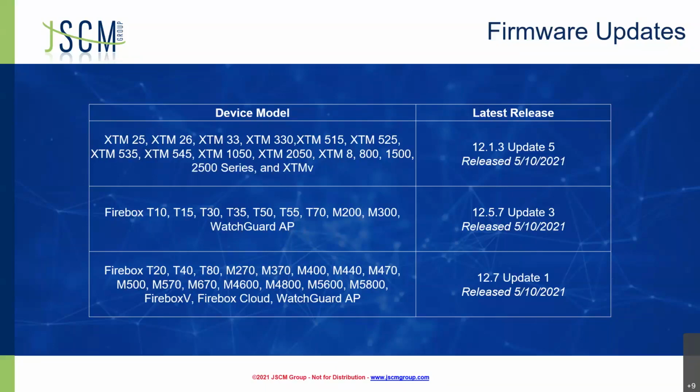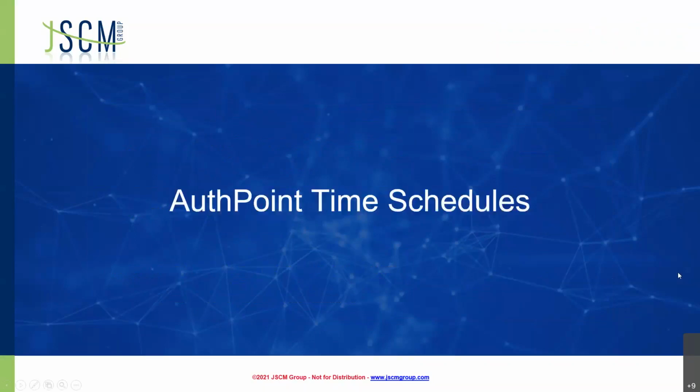I would feel comfortable recommending, regardless of the model that you're on, these latest firmwares are all updated releases with bug fixes. So moving to any of those, you should be good. And again, with that 12.7, there are some new functions there. If you have not read up on the 12.7, I would recommend you check the release notes, see what's there. But you can also reach out to us if you have any questions about what that firmware looks like.